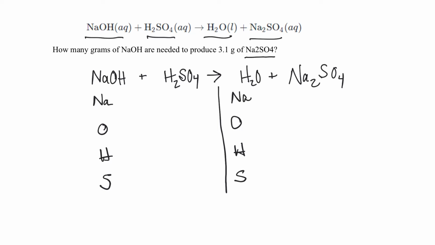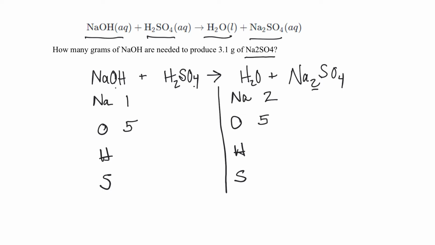For sodium, we have one sodium atom in the reactants, and for the products, we have 2. For oxygen, we have 1 here and 4 here, so that gives us 5, and over here we also have 5.